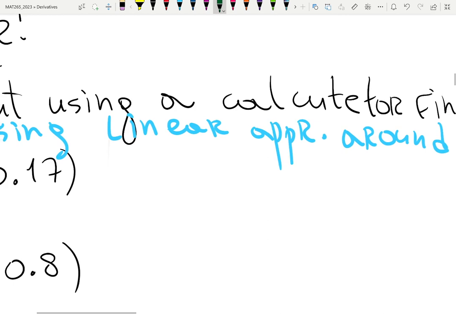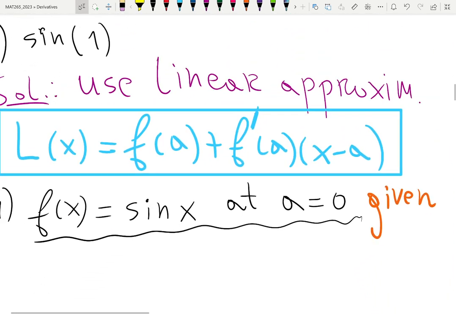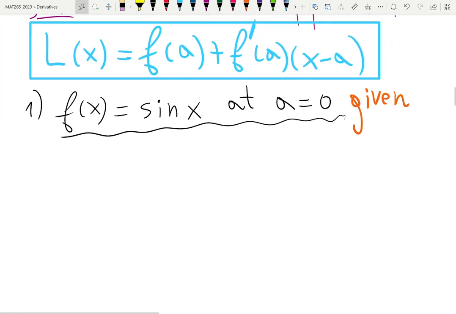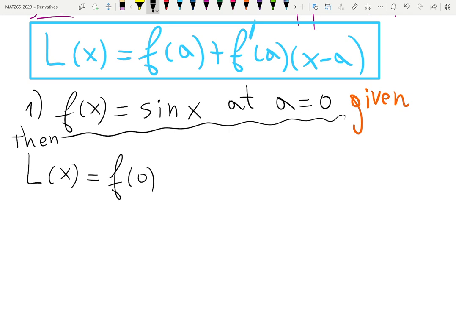Okay, so we need to build this linear approximation. From the previous chapters, you know it will be a line x, but actually let me teach you how to build it for all kinds of functions. So we know the formula, we know the function given, and we know the point given. L of x becomes f at a, which is f at 0, plus f derivative at 0, times x minus 0.